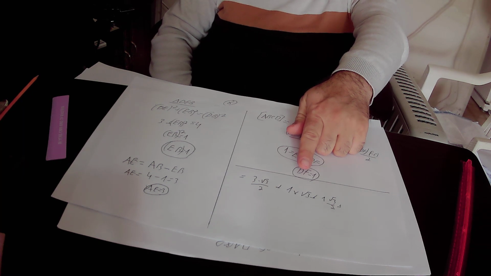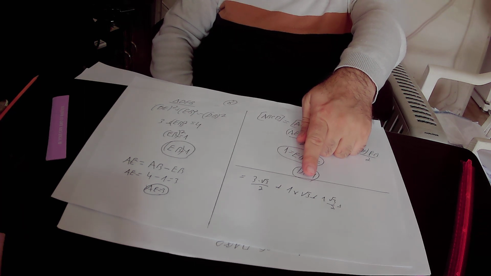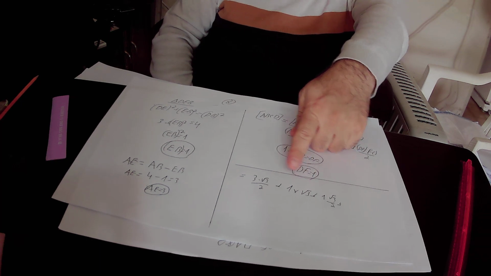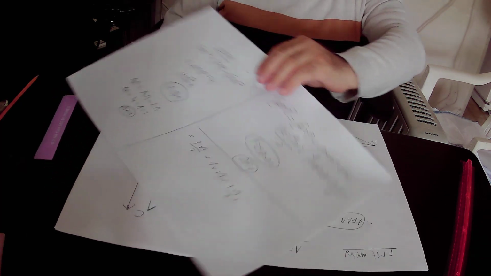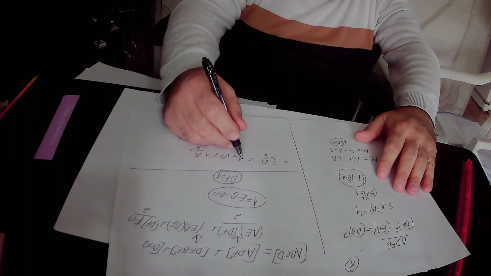So here we will create the common factor for square root of 2, for square root of 3, so we'll multiply it by 2 and then divide it by 2 in order to have a common factor with the other two expressions.